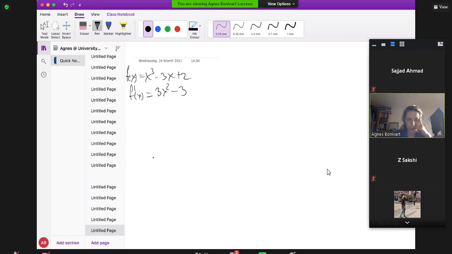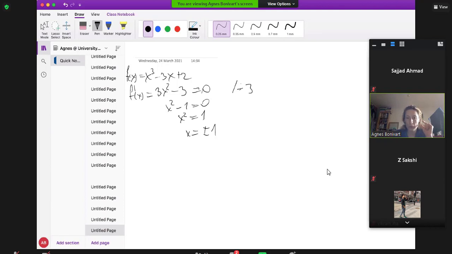We need to equate it with 0 and find for which x this holds. If I divide through by 3, I get x squared minus 1 equals 0, x squared equals 1. So x equals what? Plus minus 1. Yes, plus 1 and minus 1, exactly.